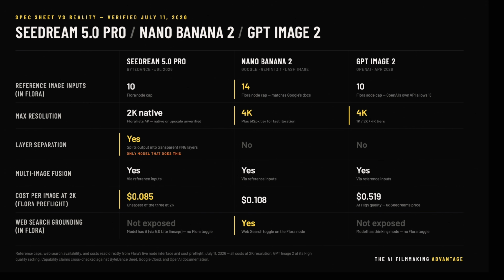Apparently within ChatGPT, maybe there's the option to use 16 references, but within Flora AI, it's capped at 10. The only outlier is Nano Banana 2, which allows 14 inputs within Flora AI. And let's just take a look at the rest of this, because I'm going to show you exactly what I'm talking about in just a second.